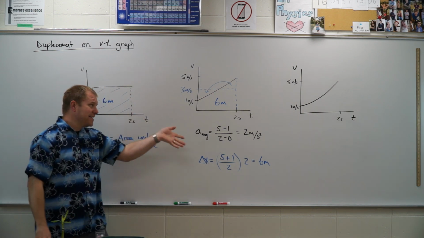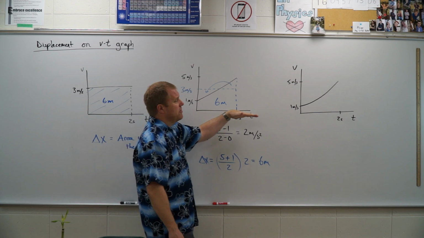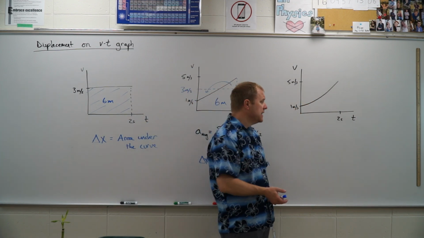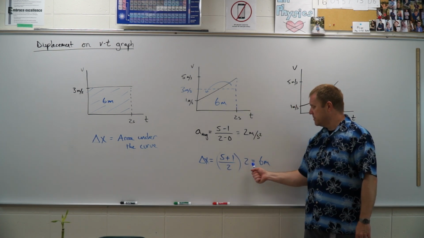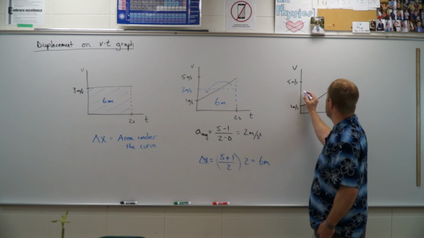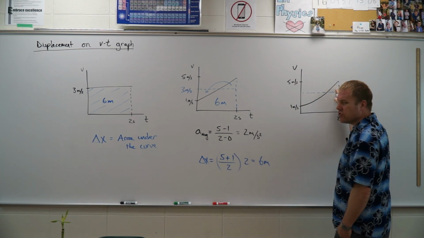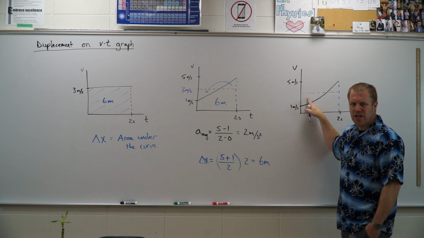Now for our last example, so now it's not a straight line, now it's curved. And so if I try to use the idea that average velocity times time gives me displacement, and I try 3 seconds again, what I find out is this shape over here is not the same size as that shape over there.